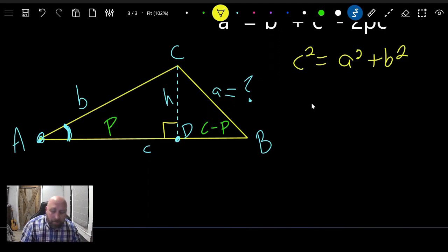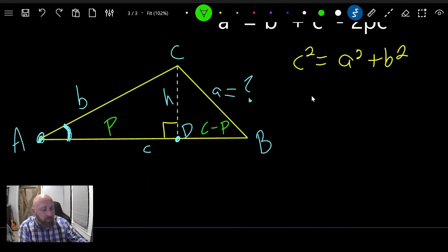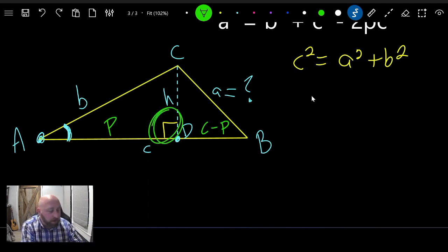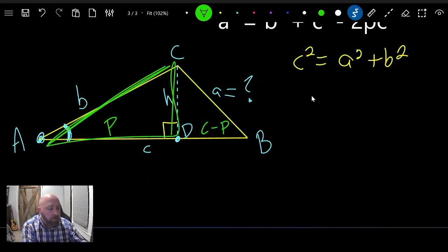Okay, now let's translate what we're given in this triangle into this formula. What do I mean by that? Well, our hypotenuse is not c. In fact, c is down here with the right angle, and we're not even using c because c is the whole thing. So c is not even part of this little triangle over here. So you see what I mean?